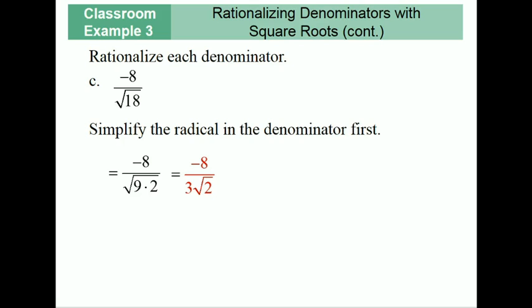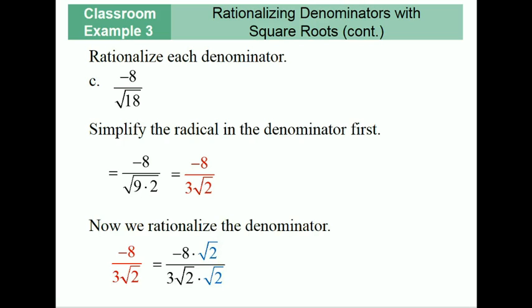in the denominator. So now we multiply by the radical, or the irrational number that's in the denominator, which is square root of 2. So we multiply the numerator and denominator by square root of 2, and so what we're going to end up with here is this right here.